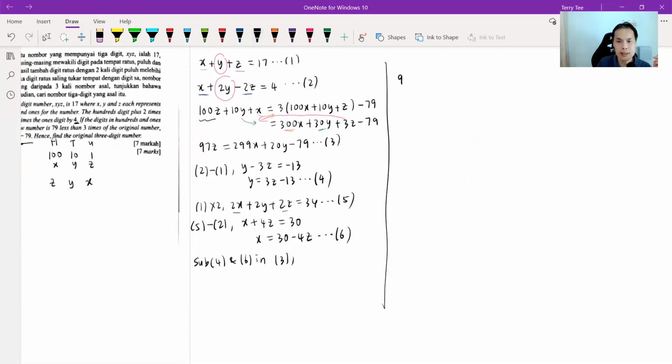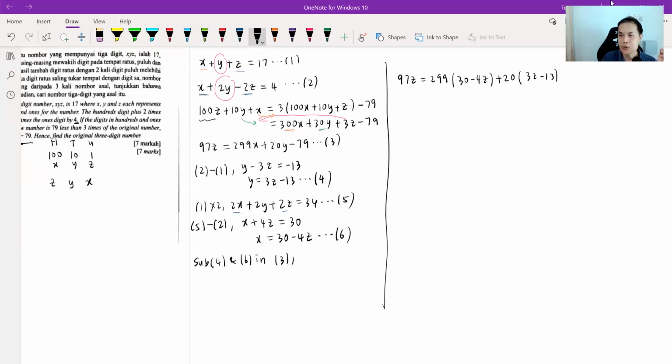This is 299x plus 20y minus 97z equals 79. My x is 30 minus 4z. Then I plus 20 times y, 3z minus 13. And then I minus 97z equals 79.